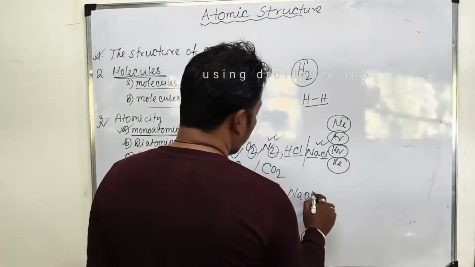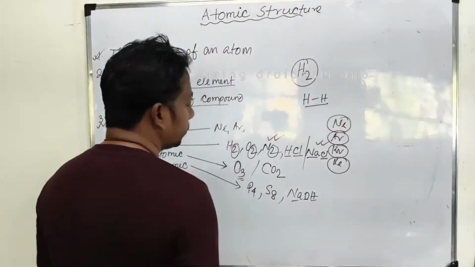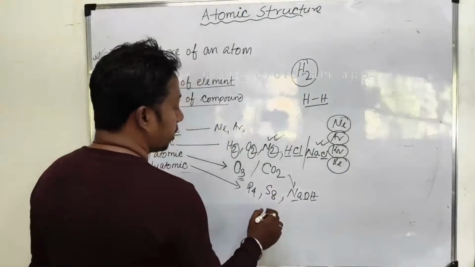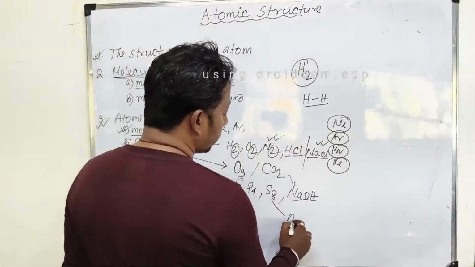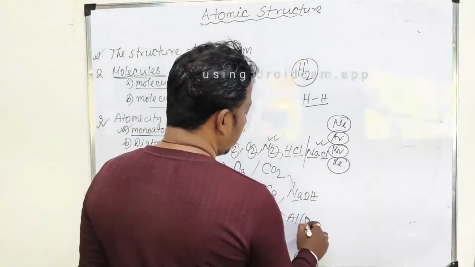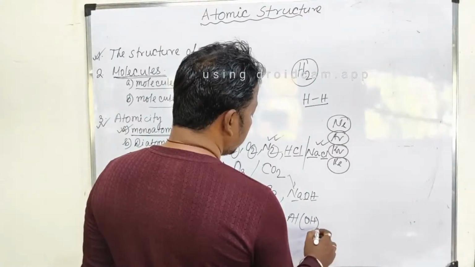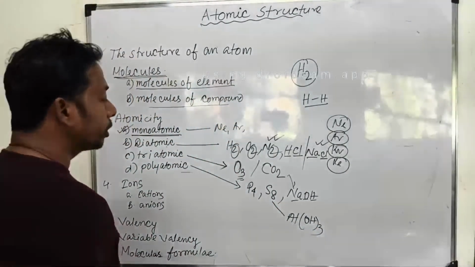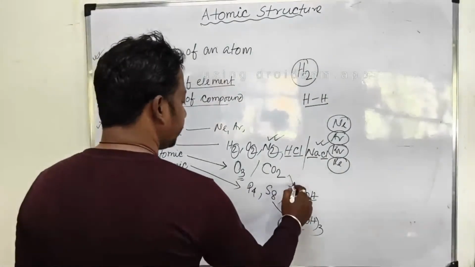Sodium hydroxide, NaOH, is triatomic. Aluminium hydroxide, Al(OH) whole thrice, is more than 3 atoms.